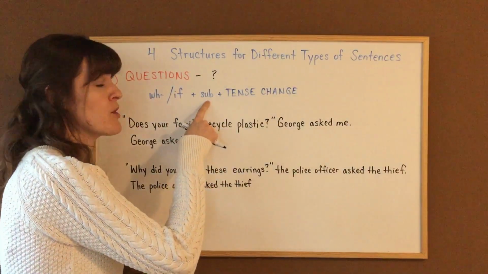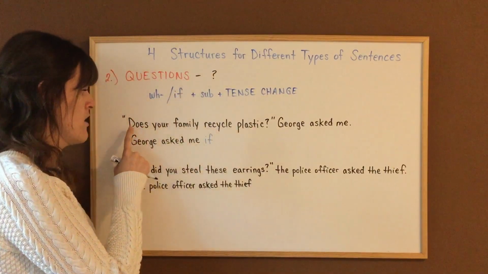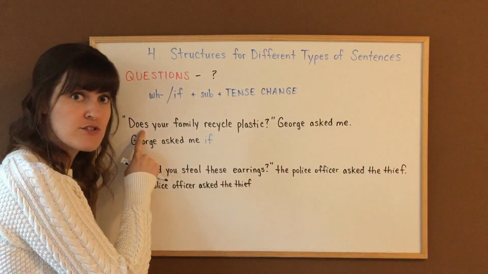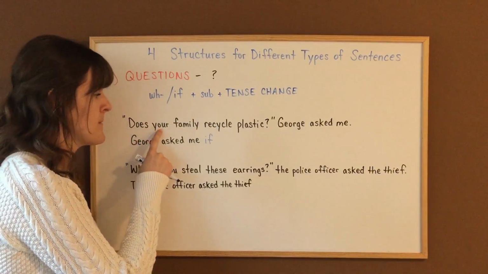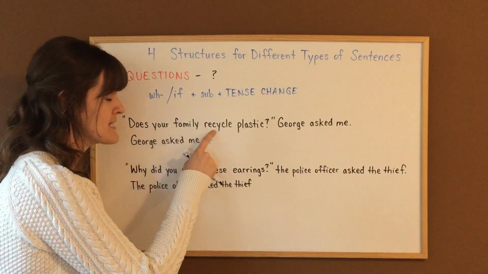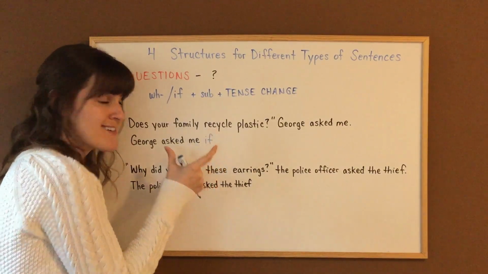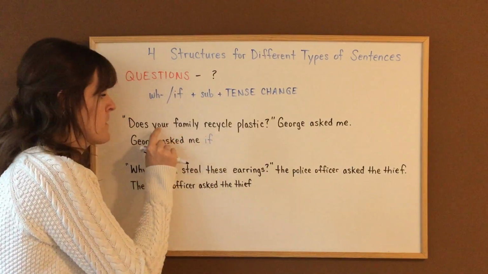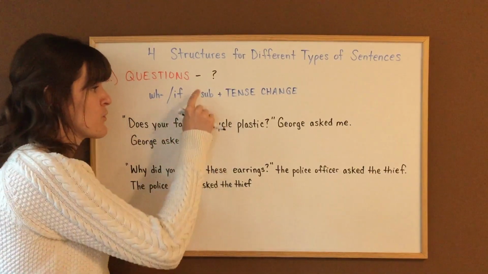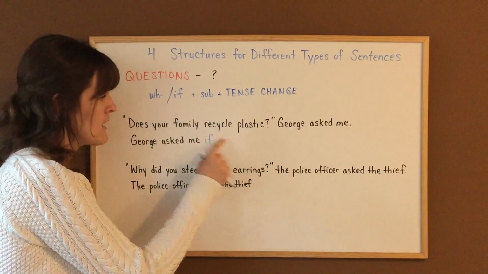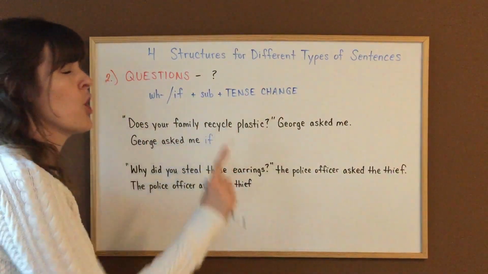Okay, next we put our subject. Let's look. Does. Is that our subject? That's an auxiliary verb. That's part of the verb. Your family recycle. Recycle is our main verb. So what's our subject? Our subject is right in the middle. Your family. So we're going to copy. Oh, can we copy your family? Exactly like that? Let's think about the situation.